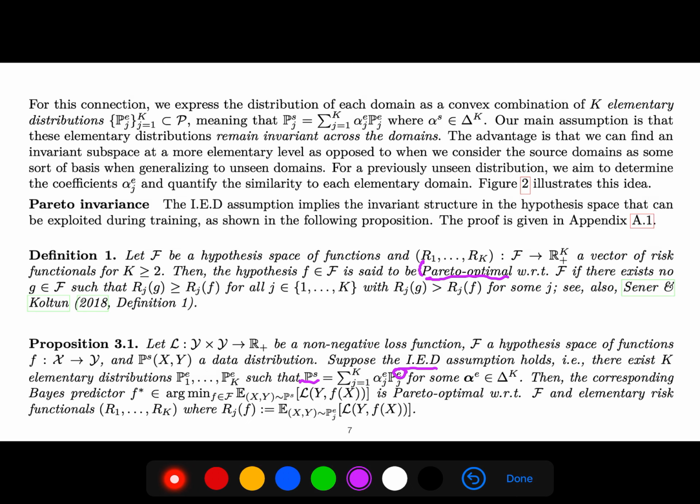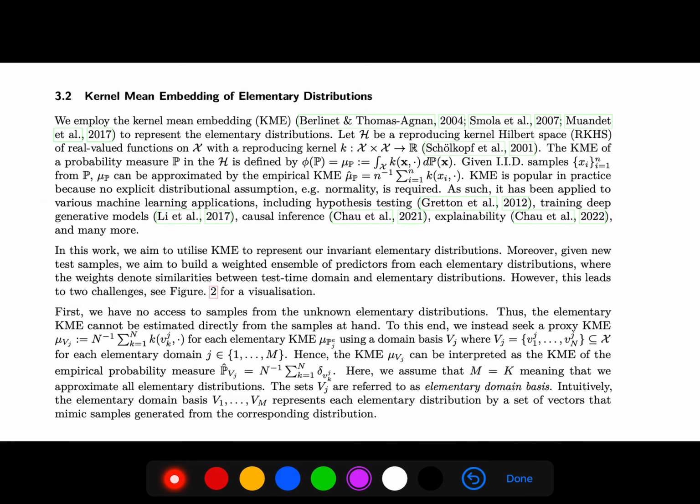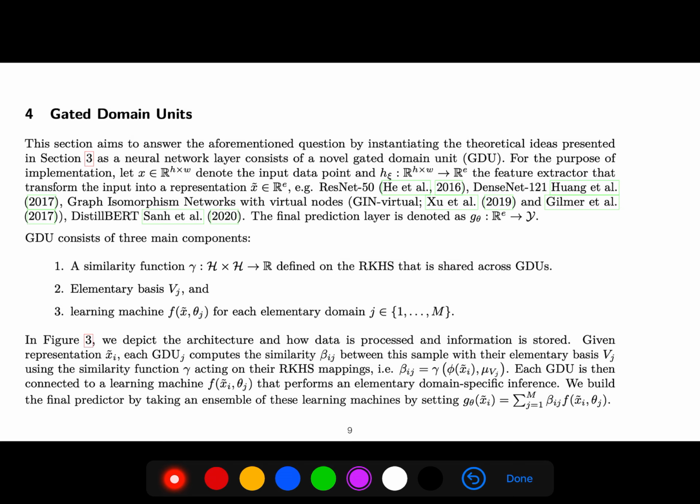Then the corresponding Bayes predictor is Pareto optimal. Because now we are sampling from this source, which is a linear combination of these elementary distributions. And we employ the kernel mean embedding to represent the elementary distributions.